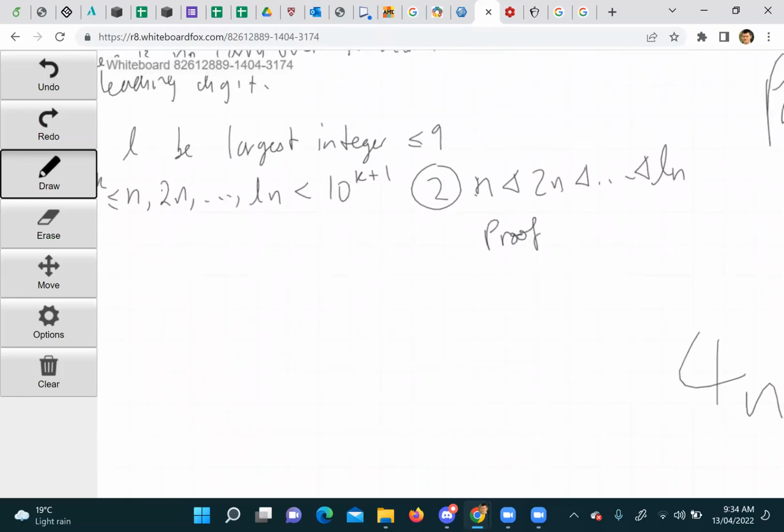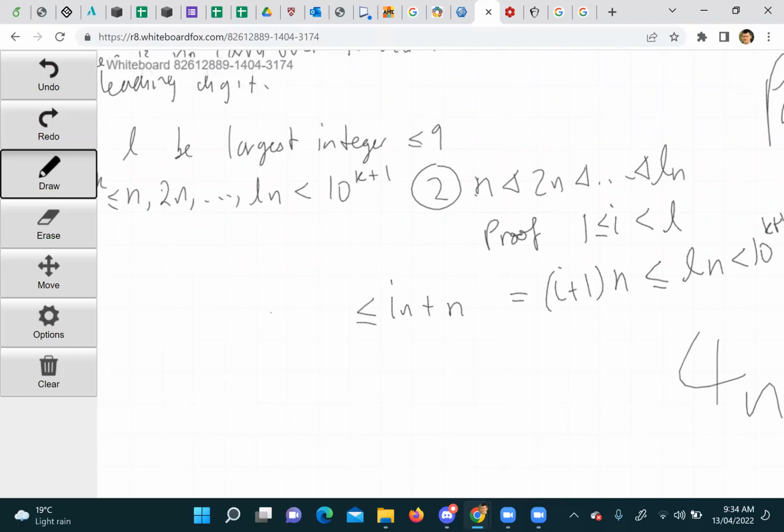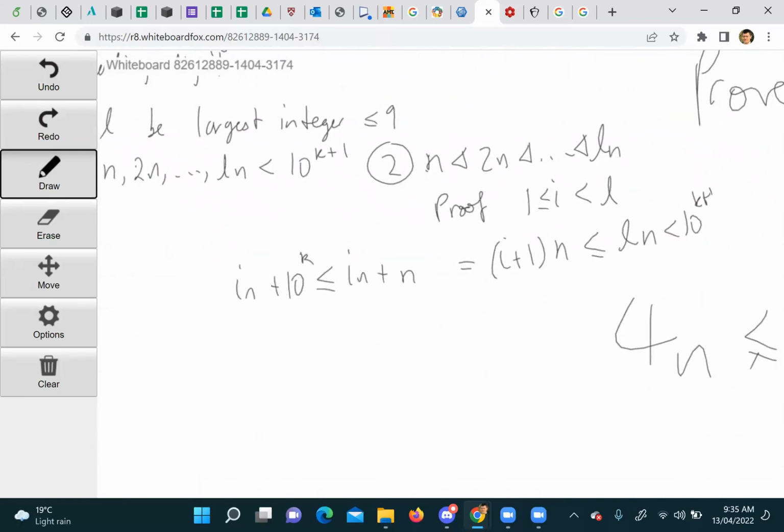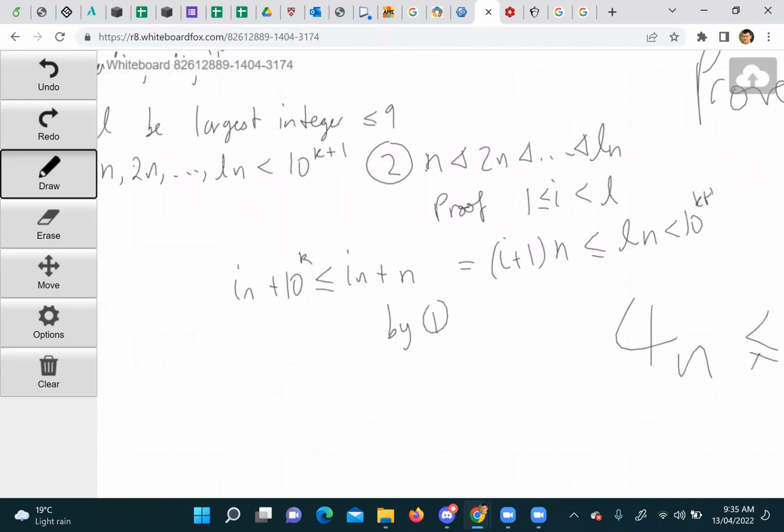And the proof is just if you take i greater than 1, less than L, i plus 1 n is less than or equal to Ln, which is less than 10 to the k plus 1, and it's equal to In plus n, which is bigger than or equal to In plus 10 to the k, right? Okay, so therefore by 1, we're done.